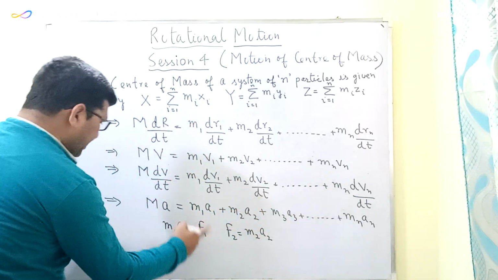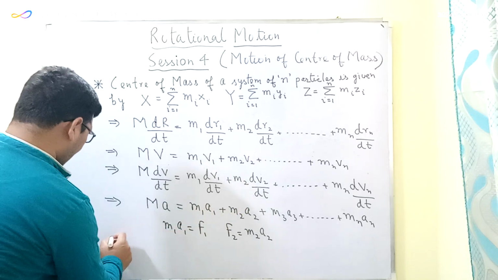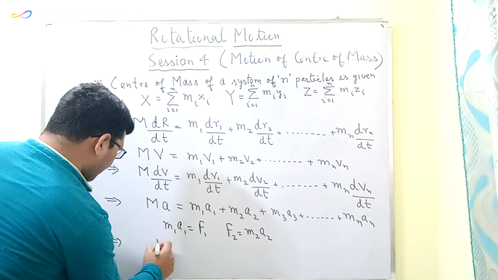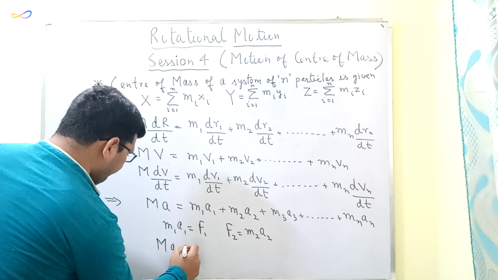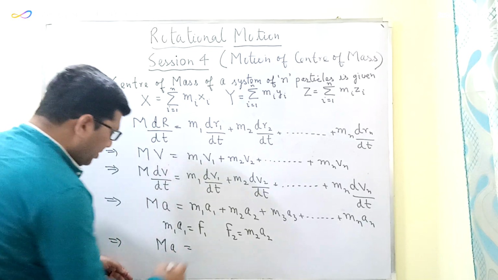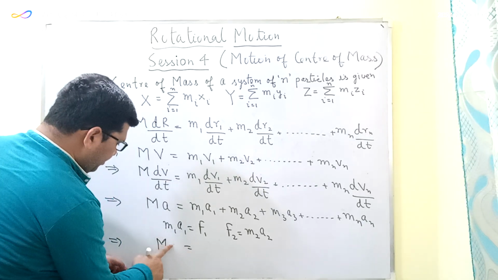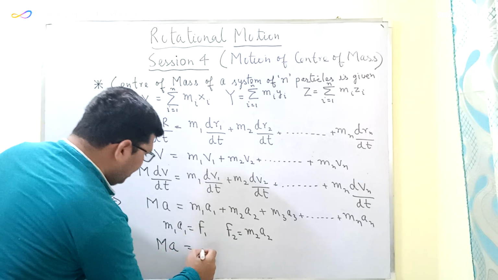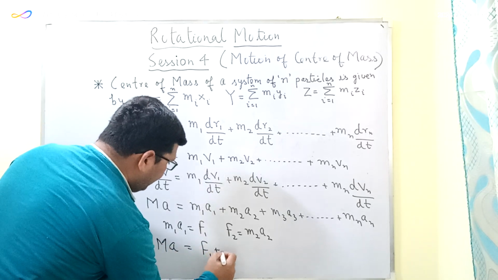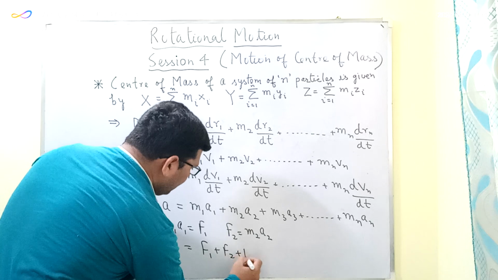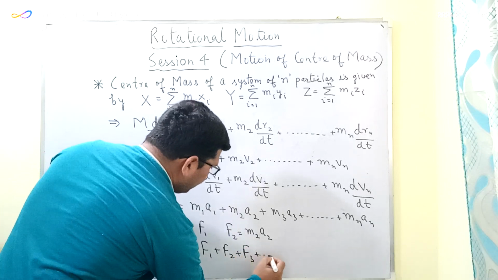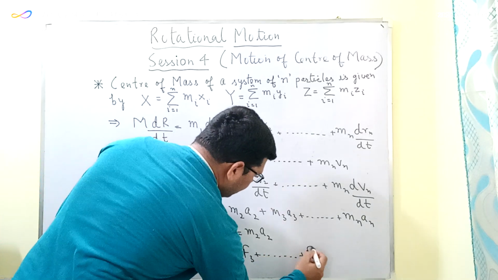We can write this equation as MA equal to F1 plus F2 plus F3 and so on, plus Fn.